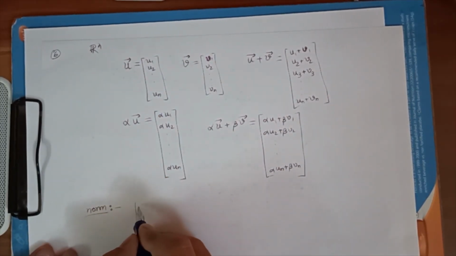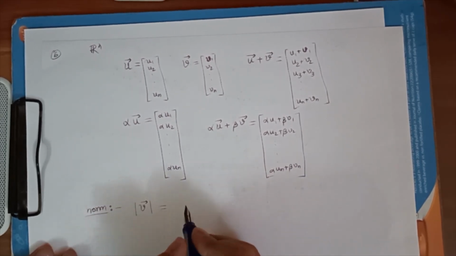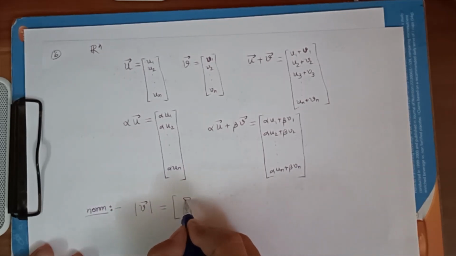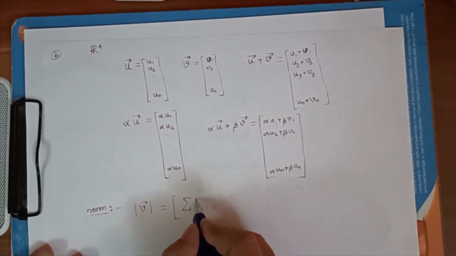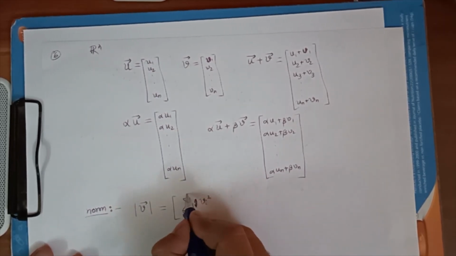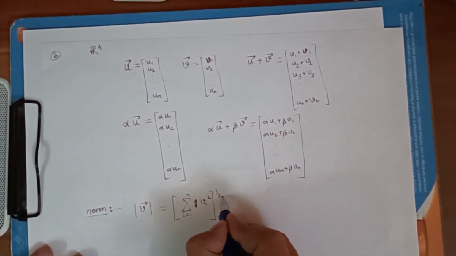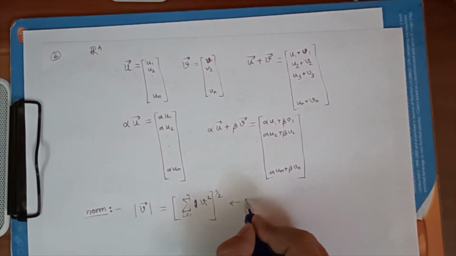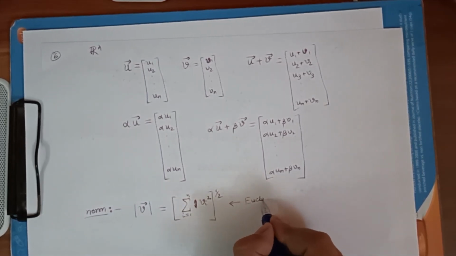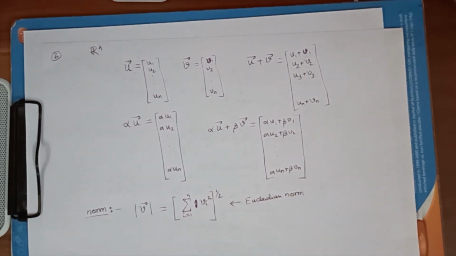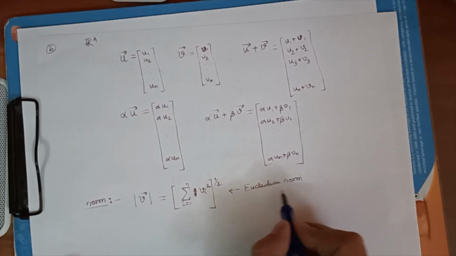So the length of the vector v will be the square root of the sum of vi squared, i equal to 1 to n. That's the length. Since this is from Euclidean geometry, it is also called the Euclidean norm. Later on we will give another name. So this is the Euclidean norm.